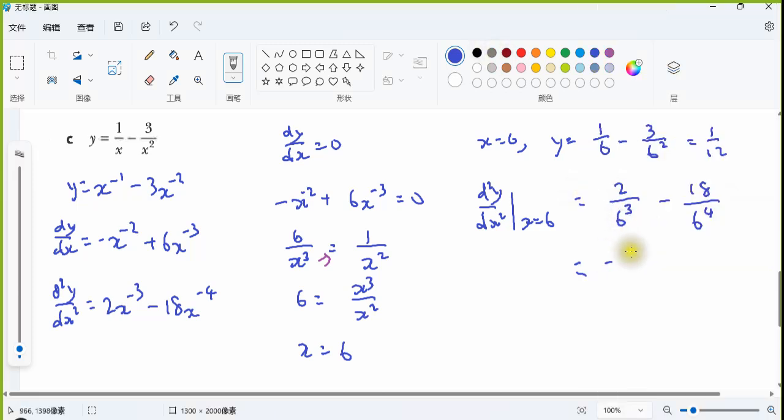Then it's negative 1 over 216, less than 0, so it is a maximum point. Okay.